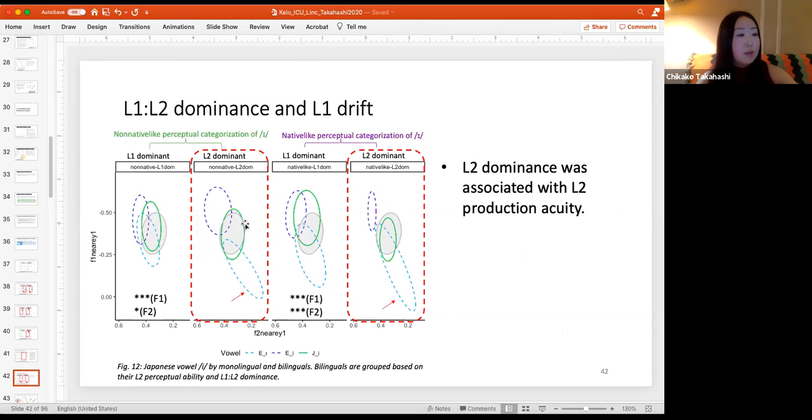On the other hand, overall L2 dominance seemed to be associated with L2 production acuity. So the more dominant you are in L2, the better you can produce a more native-like I, which is not surprising.